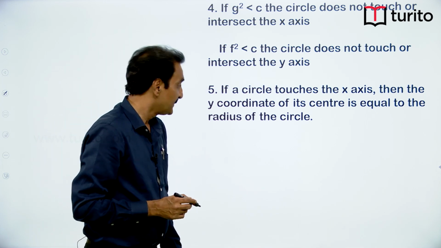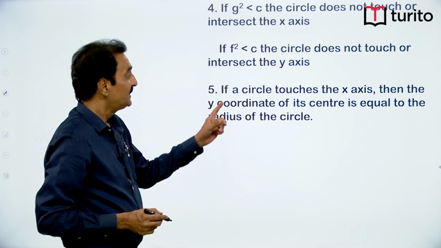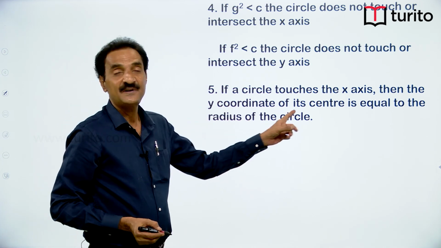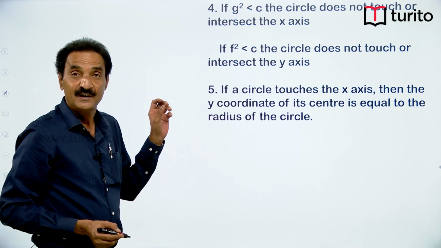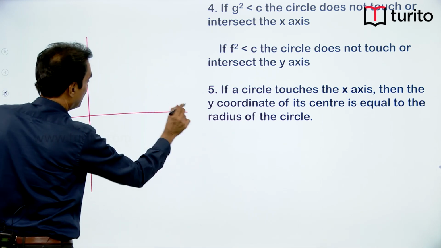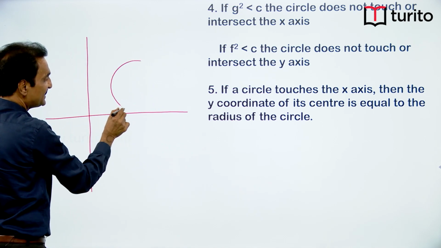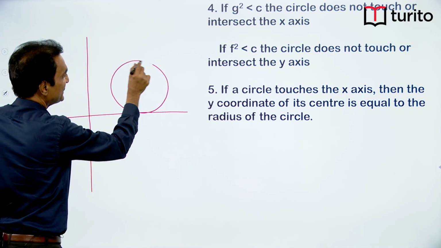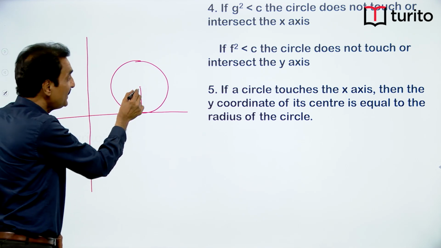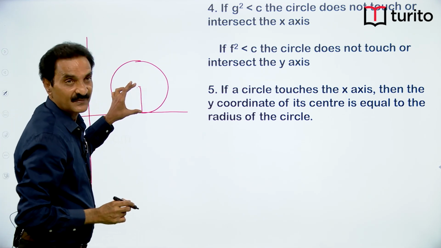Now, if a circle touches the x axis, then the y coordinate of its center will be equal to the radius of the circle. Suppose a circle touches the x axis like this, then the y coordinate of the center will be equal to the radius.